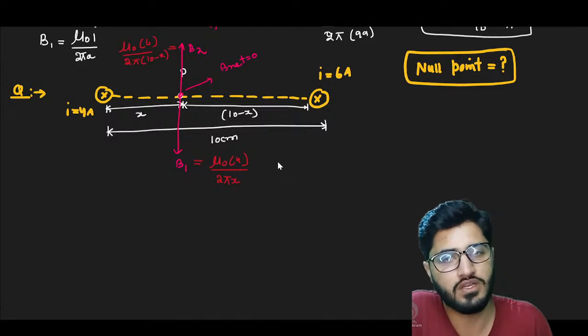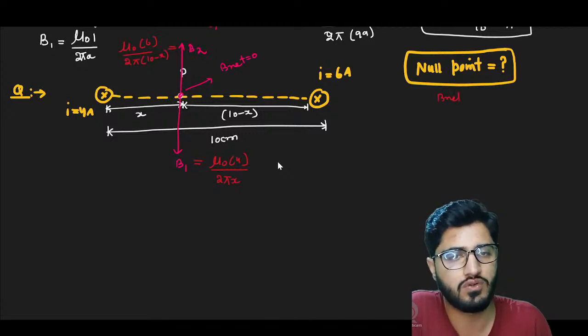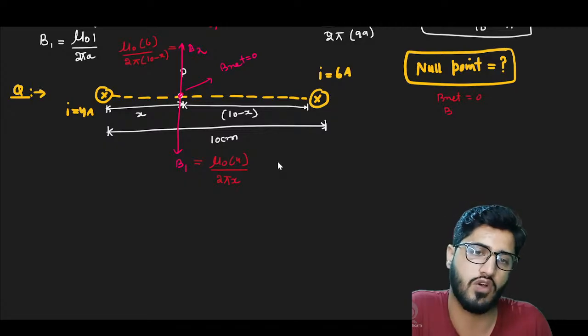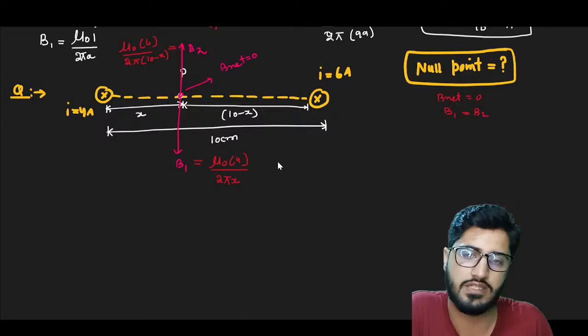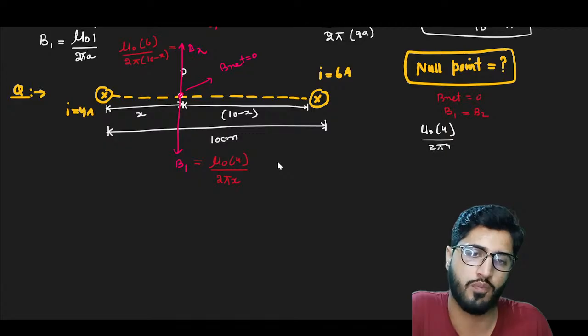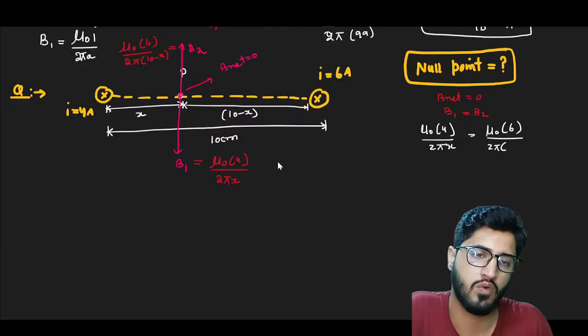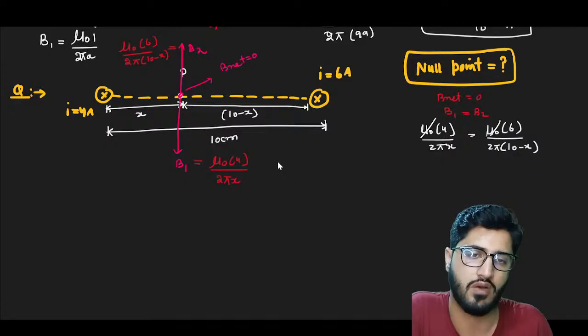B net is 0. If B net is 0, you can write that it is only possible when B1 is equal to B2. What is B1? Sir, B1 is mu naught 4 by 2 pi X, and B2 is mu naught 6 by 2 pi into 10 minus X. Mu naught cancels out, 2 pi cancels out.